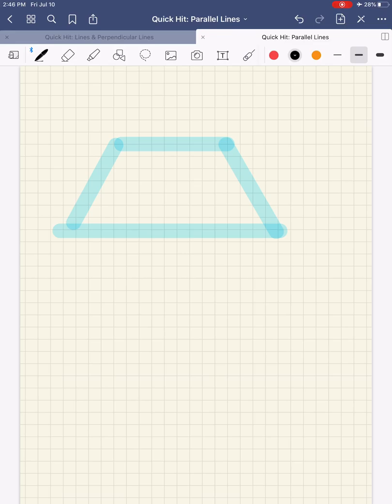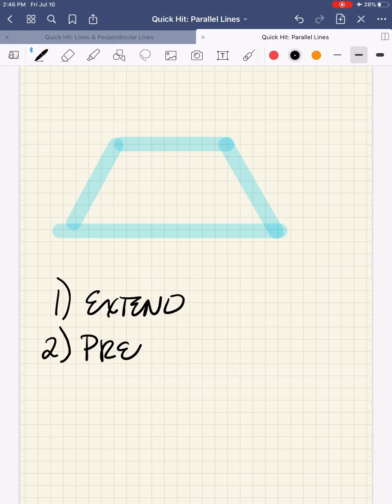If I follow the extend and pretend protocol. So this is a trapezoid. I know that the top base and the bottom are going to be parallel lines, because that's part of the definition of a trapezoid. So I can extend those lines.